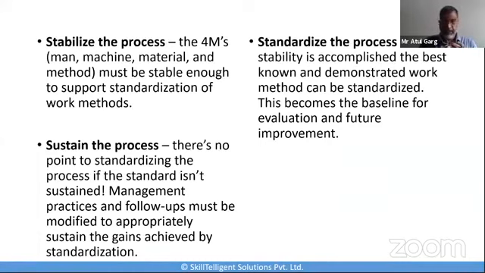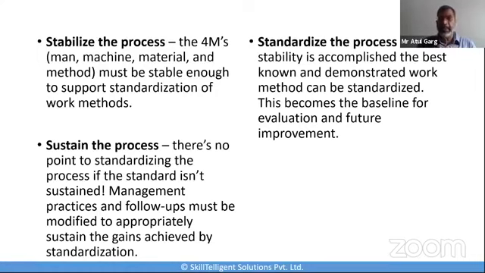If any of these 4 components are not stable, I don't have the regular availability of manpower, my machines are not available on a regular basis, breakdowns are very heavy, my methods are not producing the effective output, quality is becoming an issue, or the material is not of the right quality or is not available in time, then I cannot achieve any kind of standardization. So to improve further, stability is important, and that's where the 5S works upon these 4 areas and helps you to bring in stability.